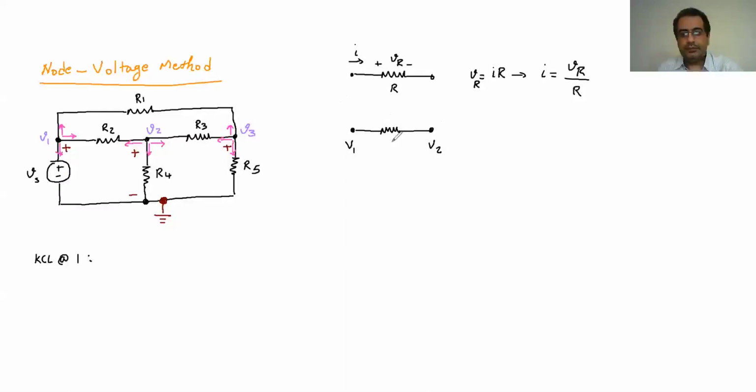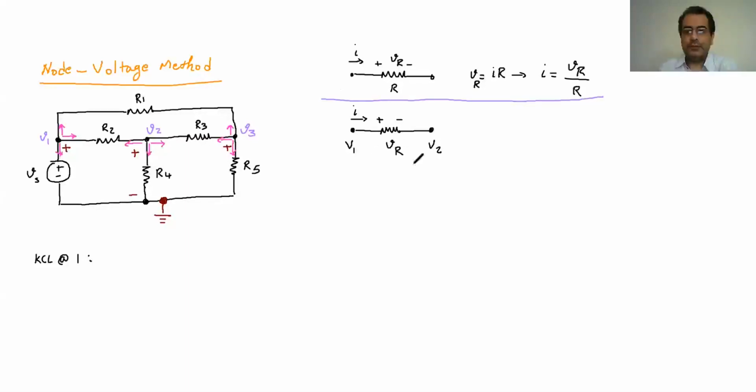Let's put VR here, and there's a current I going like that, with positive and negative. It's always like that.